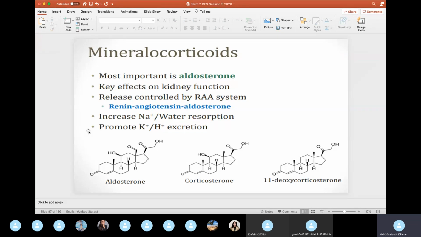When I say mineralocorticoids, think aldosterone. Aldosterone. Where is this from? This is from your renin-angiotensin-aldosterone system. Let's go back to term 1. What causes increase in renin? Loss in blood volume. So loss in blood volume, what else?